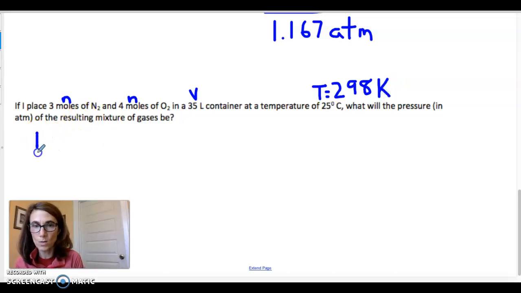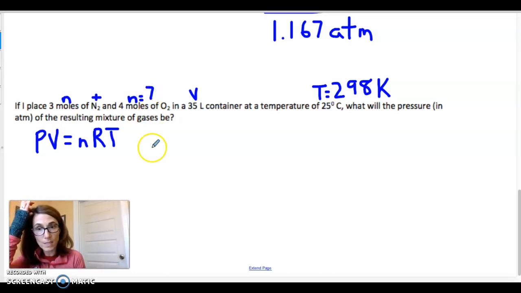We want to know the pressure. Remember, pressure only depends on the total number of moles. So what we can use is PV equals nRT. Basically, we just have to add those two moles together, and we get 7 total moles. That's what we're going to plug in for n into our equation.